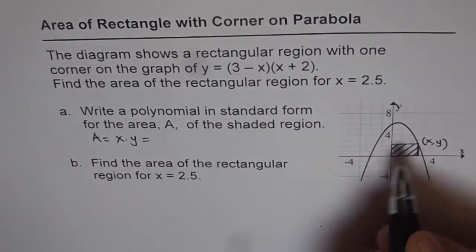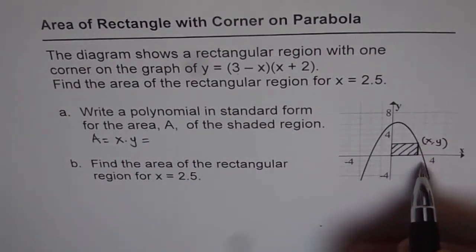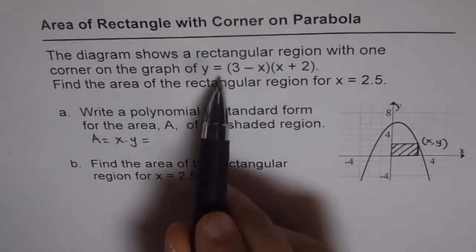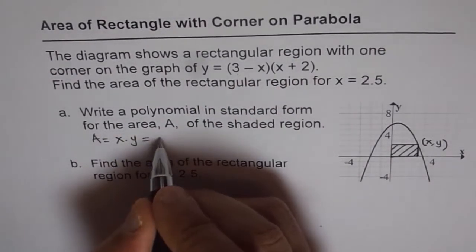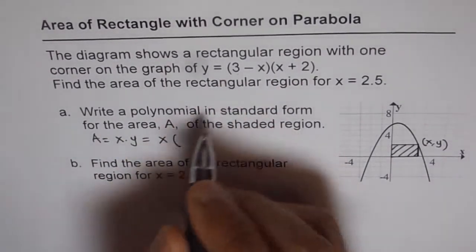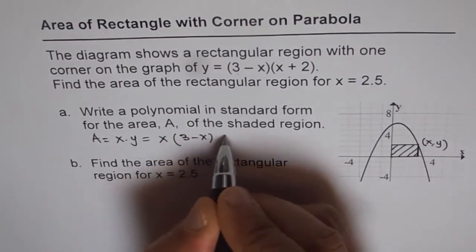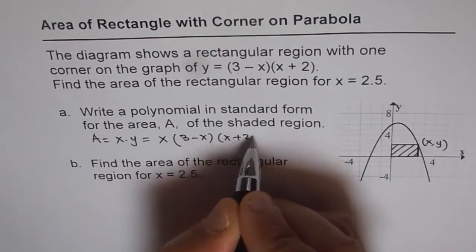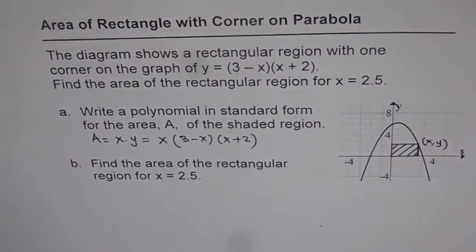Now what is y in this case? Since the point is on the parabola, y is as given to us, so we can write this as x times (3 minus x) times (x plus 2). So that becomes the expression for the polynomial.